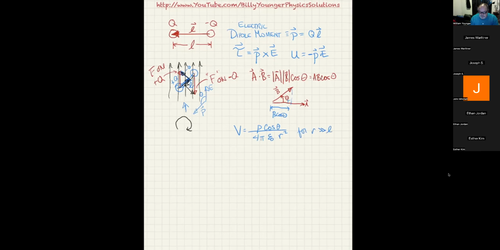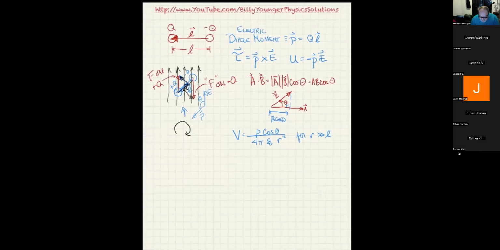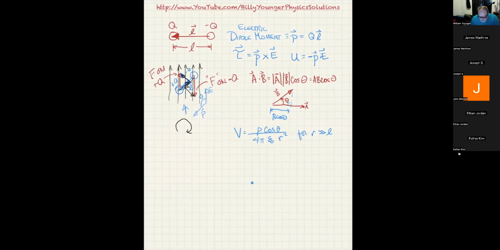Now, what does this formula apply to? Well, what this formula applies to is if you take and say, okay, here is a charge right here of negative Q. And let's say right here is a charge of positive Q.